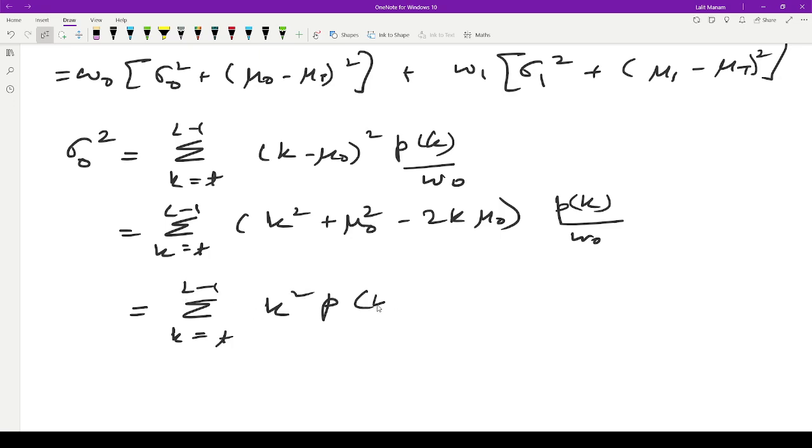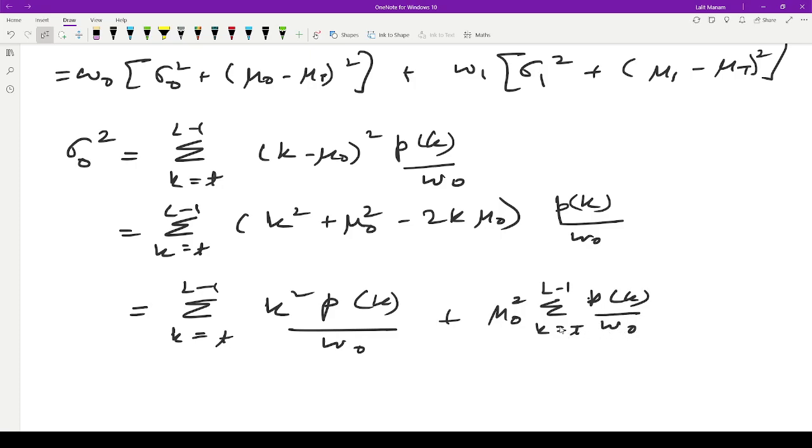And I'll just open it up, plus mu naught square times summation over k equals t to L minus 1 pk upon w naught, minus 2 mu naught times summation over k equals t to L minus 1 k pk upon w naught.